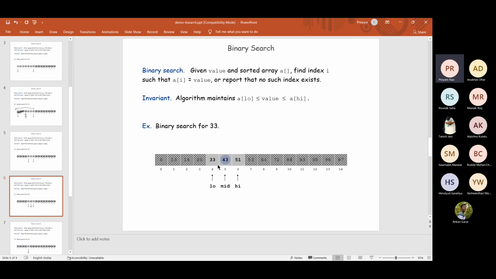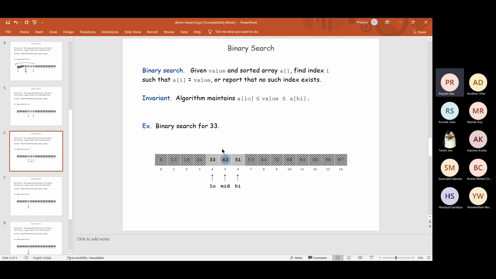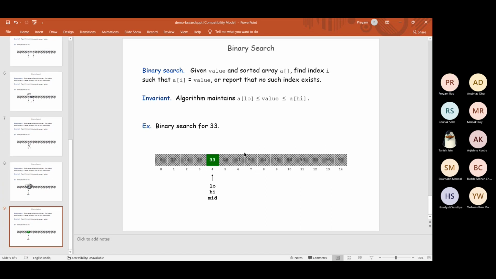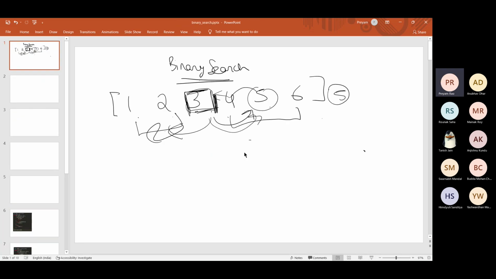We'll find the middle element, check where it is, so it's at the left part, so we'll get rid of the right part. Then eventually we'll find the middle element, right? And this is the middle element. We have found it.